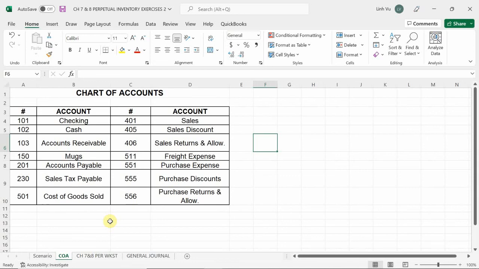You're definitely going to have sales. What else? Accounts receivable. Sales tax payable. We have to recognize that we sold the product first before we can take it out of our inventory. So in this case, accounts receivable, sales, and sales tax payable. Good.